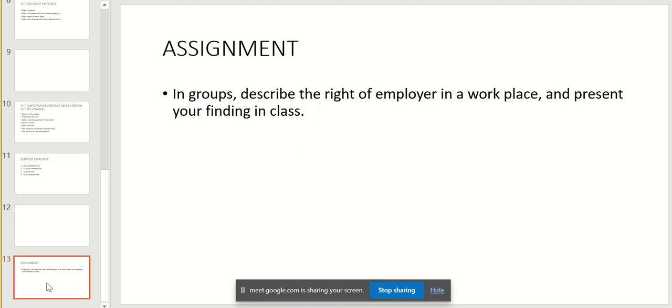The assignment is this: in groups, describe the rights of the employer in a workplace and present your findings in the next class.